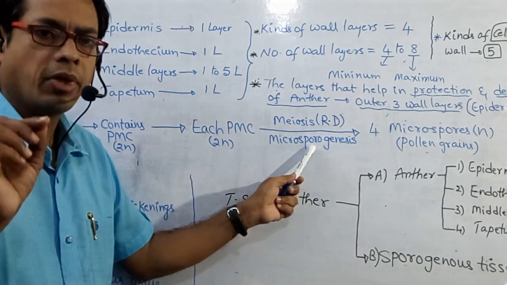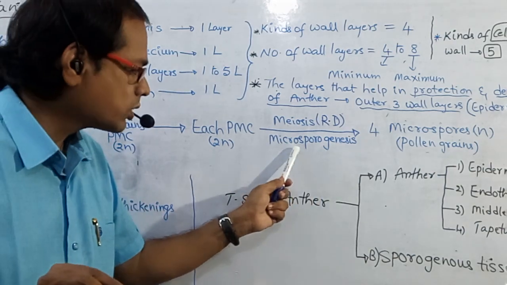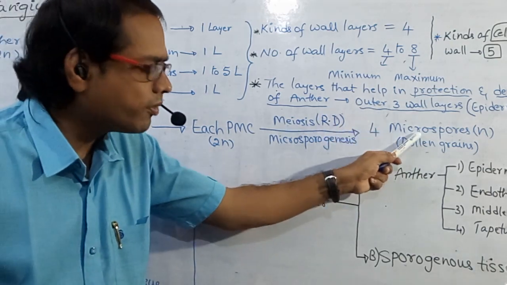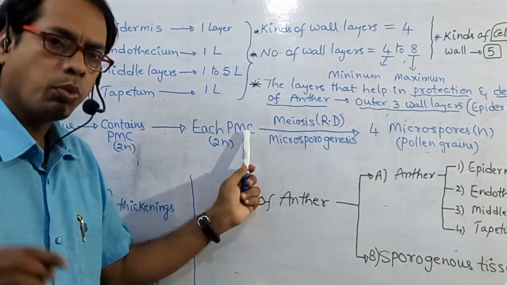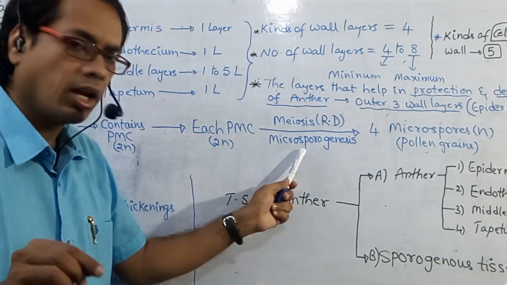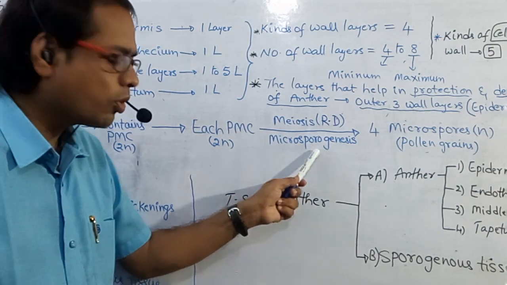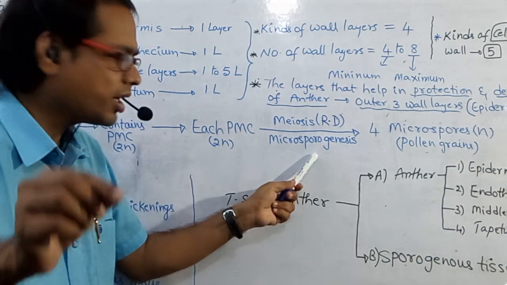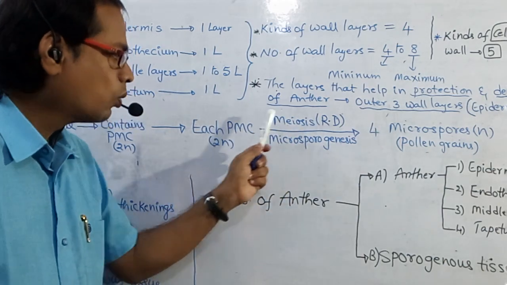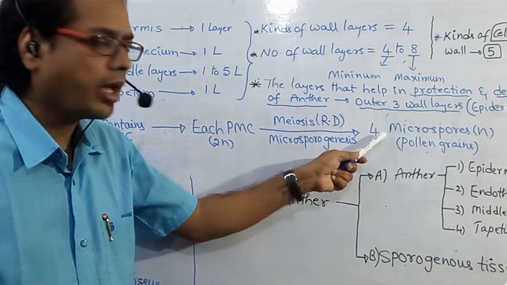Microspore means microspores, genesis means formation. During microsporogenesis, which division occurs? Meiosis occurs. From one PMC, one meiosis occurs for the formation of 4 microspores.